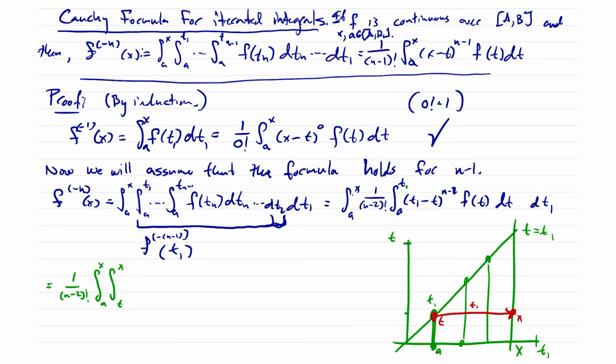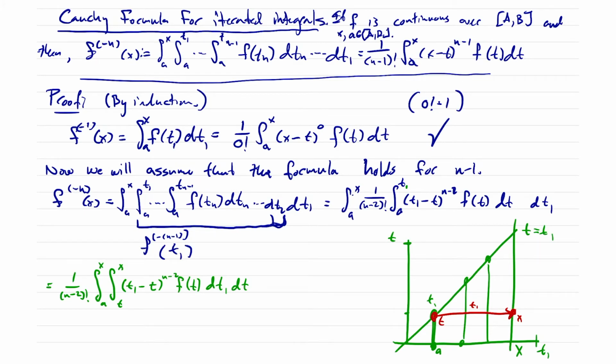And then on the inside we're going to have (t1 minus t) to the n minus 2, that hasn't changed, and f of t, and then we have dt1 dt.